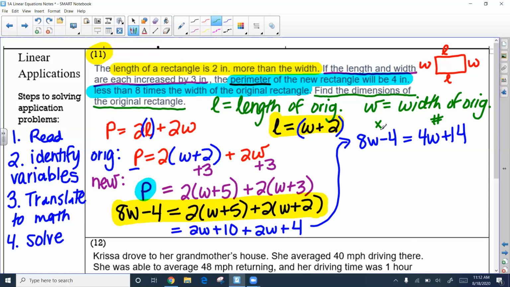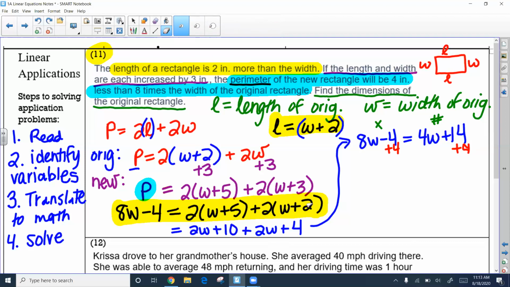All right, so on the left side, I want to get rid of the minus 4. So I'm going to add 4 to both sides. Oh, I have a mistake. Does anyone see my mistake? I just noticed that before I solved. I totally copied this down wrong from this step to this step.